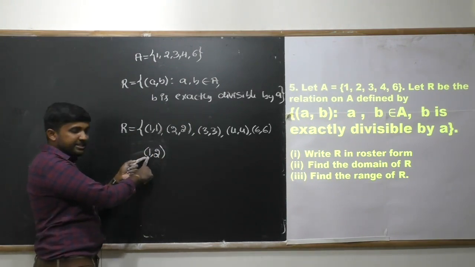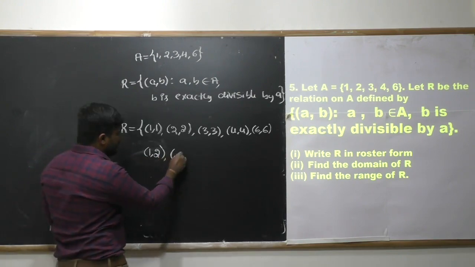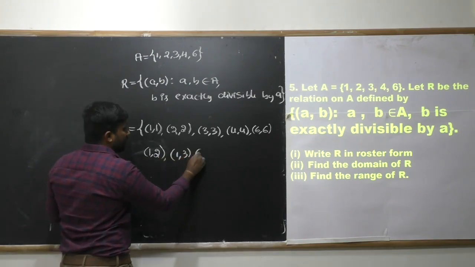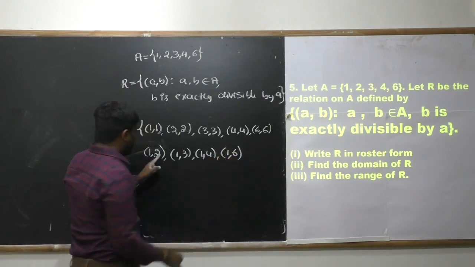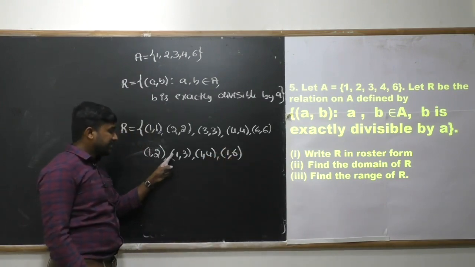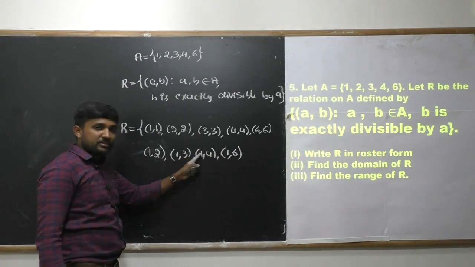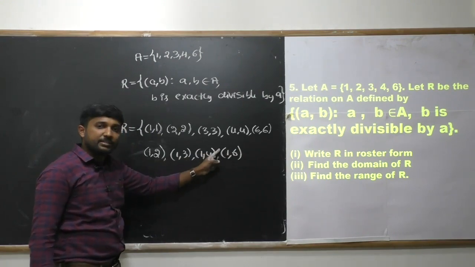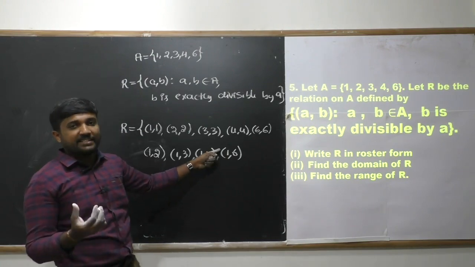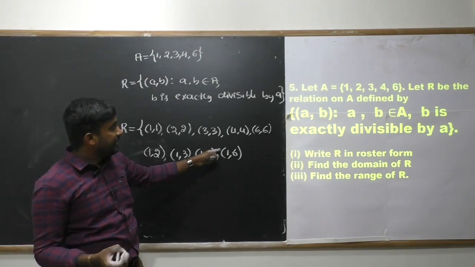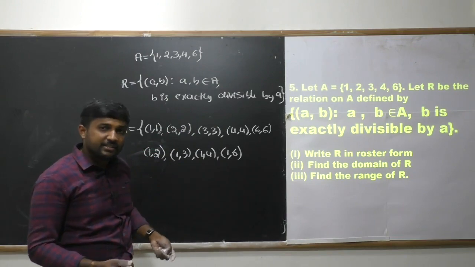So 2 is divisible by 1. Next, 1 comma 3, 1 comma 4, 1 comma 6. So 3 is divisible by 1, 4 is divisible by 1, 6 is divisible by 1. Exactly divisible by A means remainder is 0.